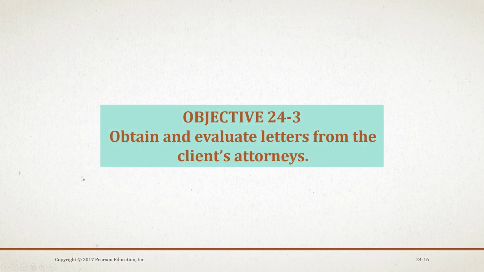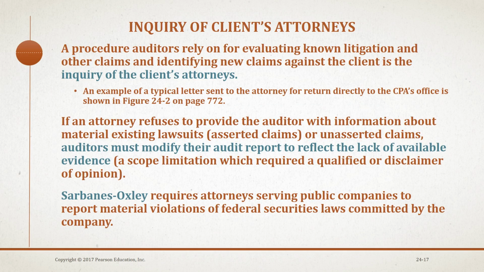The third objective, obtaining and evaluating letters from the client's attorneys. Usually, as part of the audit, we often get letters from the client's attorneys. So we'll send it out just like we would a bank confirmation, and we get it back from the attorney.